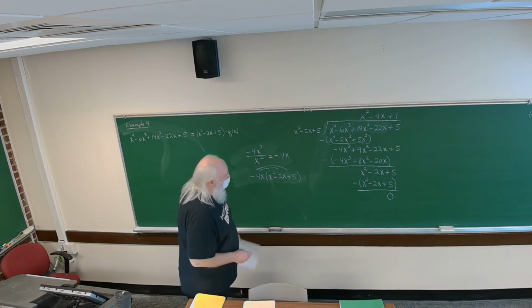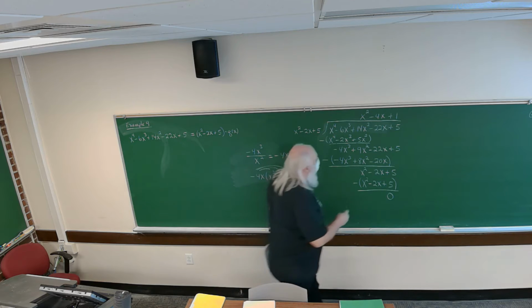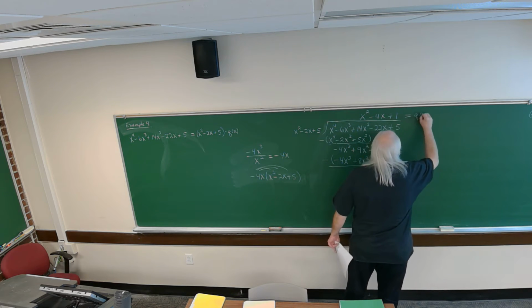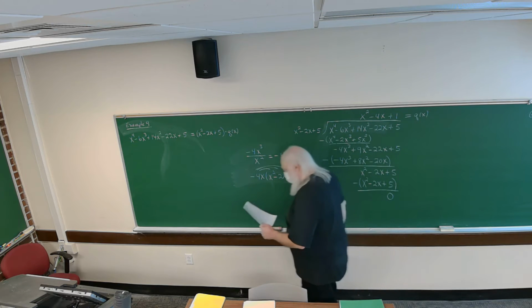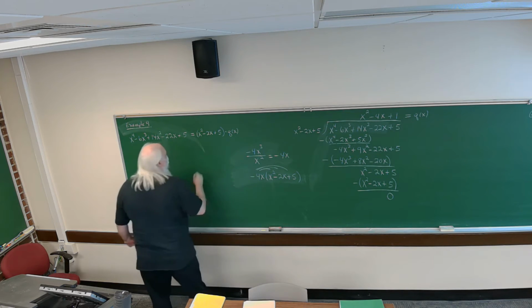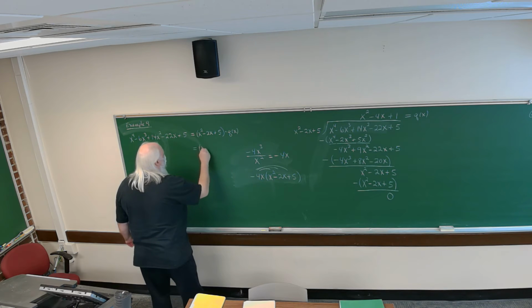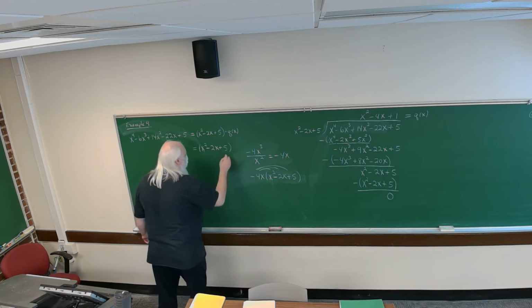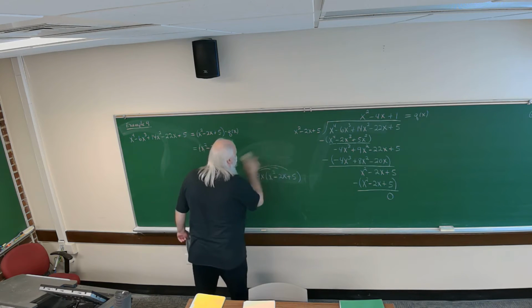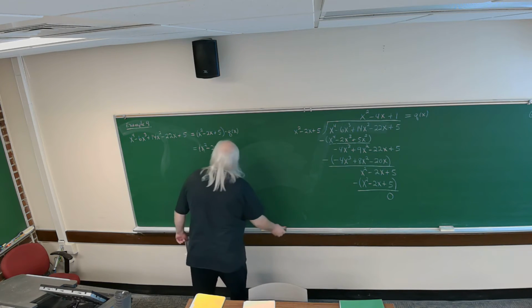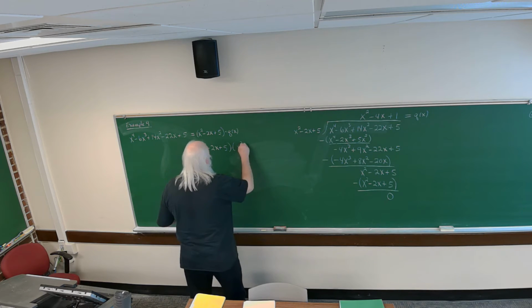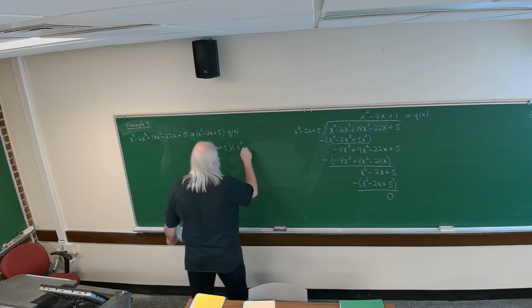So x squared minus 4x plus 1 is the quotient over here, q of x. So we can write the right-hand side here as x squared minus 2x plus 5 times x squared minus 4x plus 1.